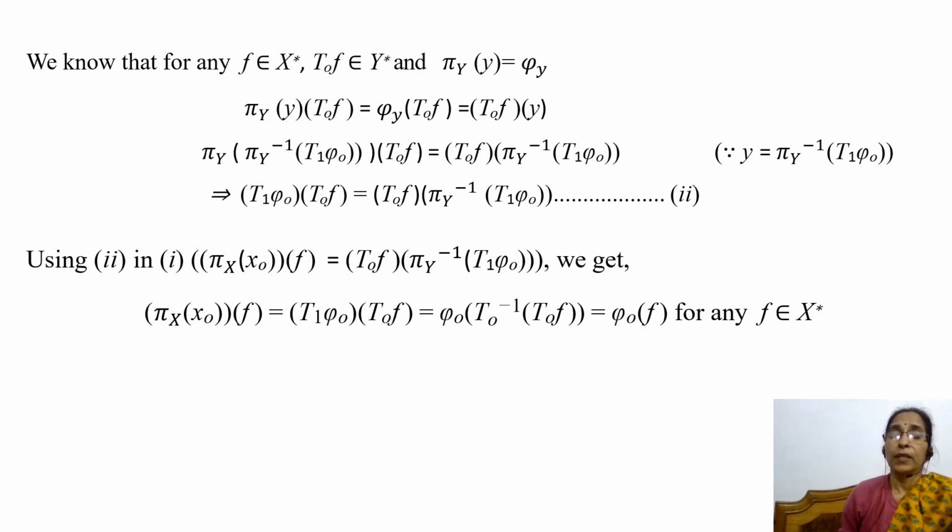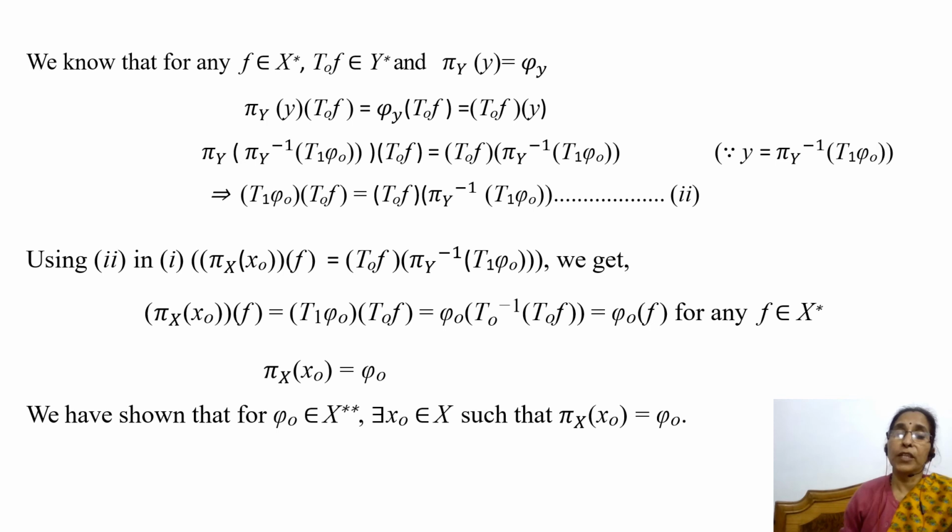If we use the definition of the T1 mapping, then we have phi naught of T naught inverse of T naught f, and since T naught inverse T naught is the identity mapping, we have phi naught of f for any f belongs to x star, and so we can say that pi x of x naught is equal to phi naught.